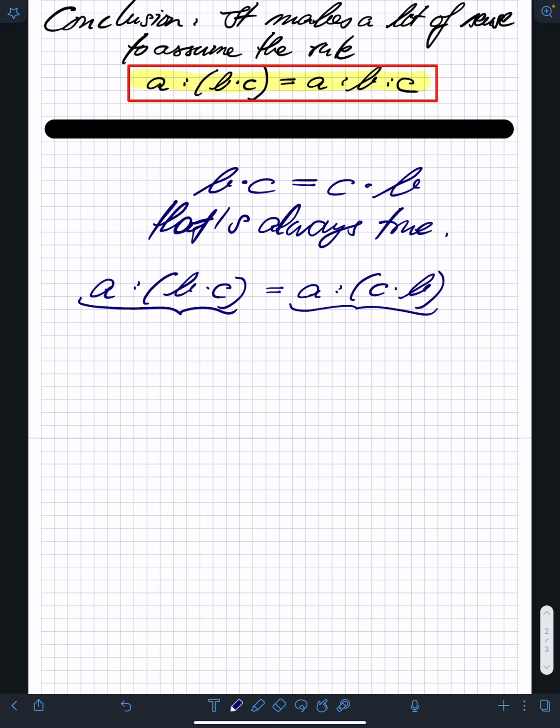And if you would say we do it simply like that, if you simply leave the brackets away, and this would then be A divided by c times b, these two things are simply not the same.